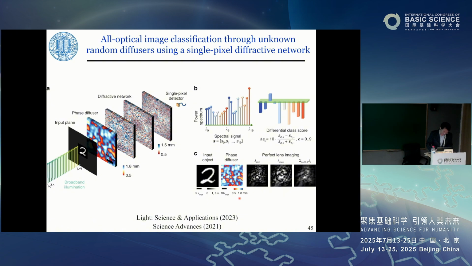All right, so for spectrally encoded single-pixel machine vision, the goal is to perform image classification and other vision tasks using only a single-pixel detector without forming spatial images. In this framework, the diffractive network is trained to encode object-specific information into the spectral domain, and then a digital neural network is used to decode the images.